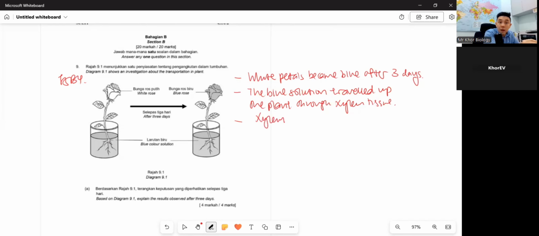Xylem is a long tube connecting the entire plant. It is used to transport water and minerals.